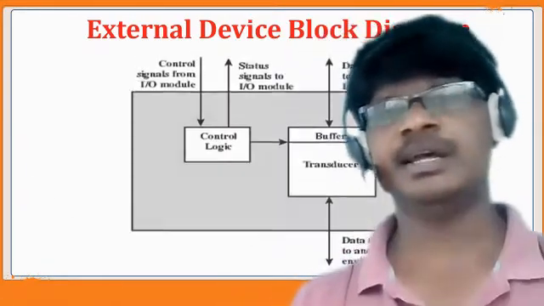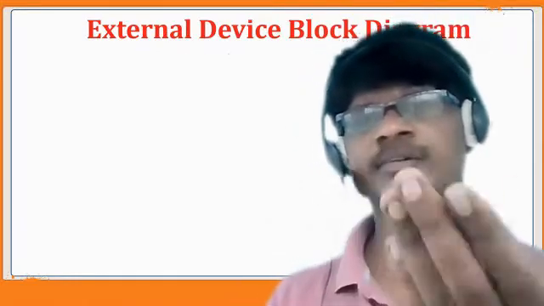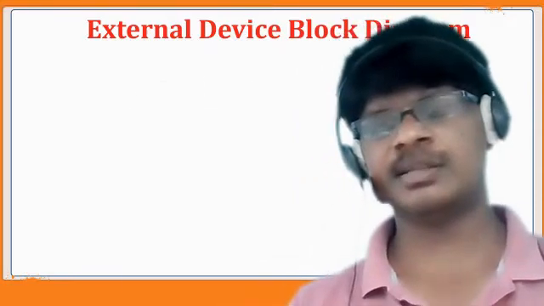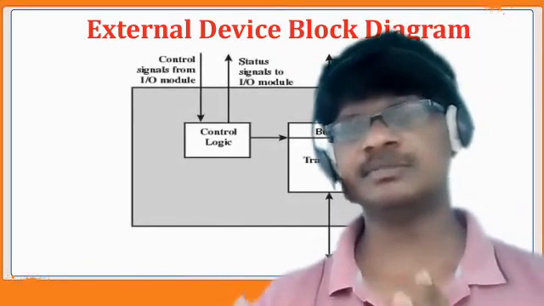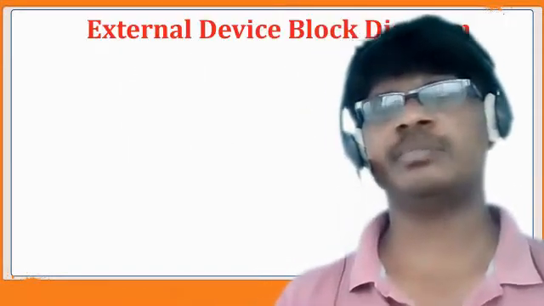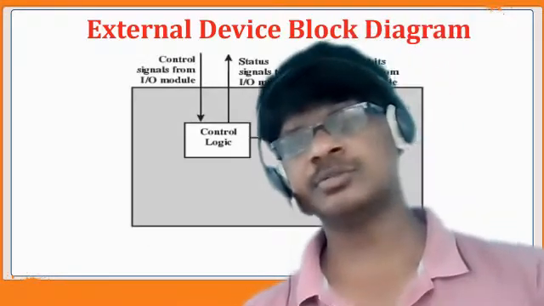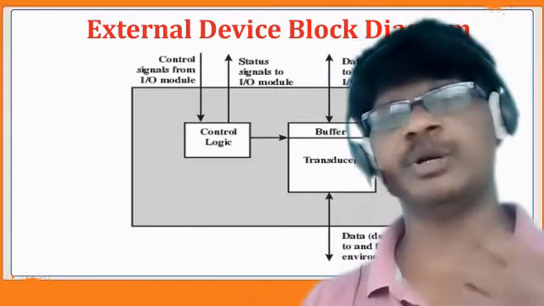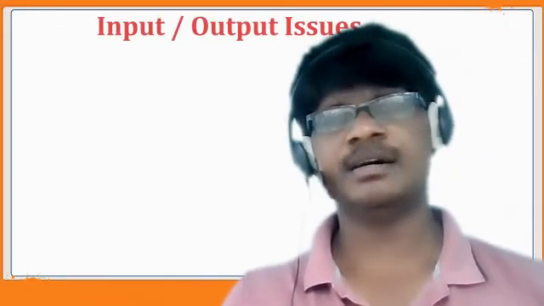The buffer helps the transfer of data from the I/O module to the other components, whereas the transducer converts electrical energy to magnetic energy or magnetic pulses in order to provide a device unique environment. This is about external devices.